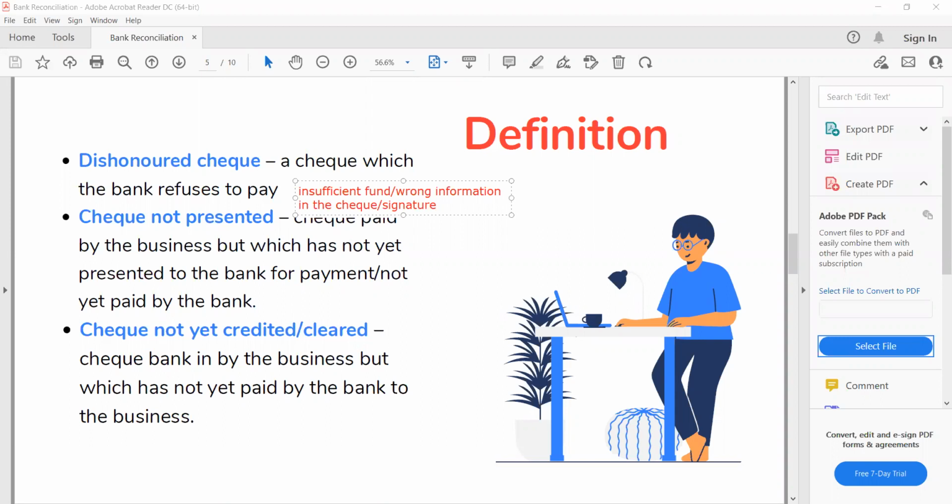No signature, or the signature is different from the specimen card, can cause the bank to refuse to pay.